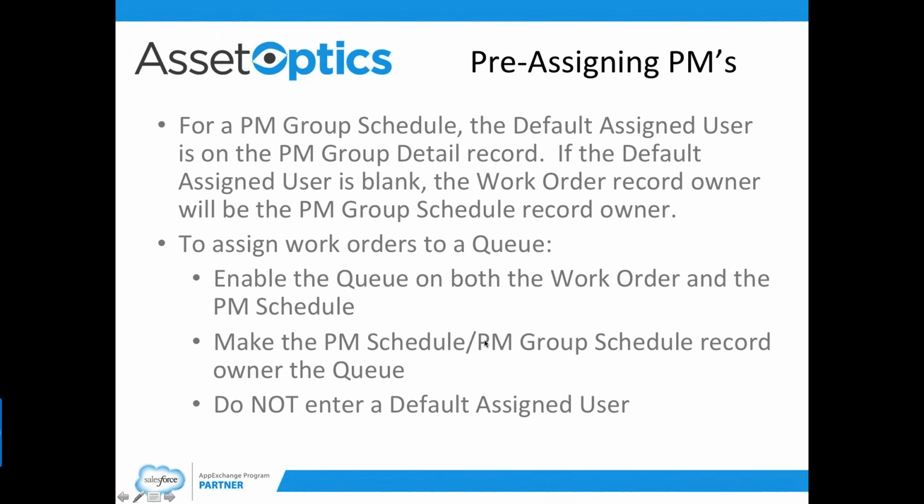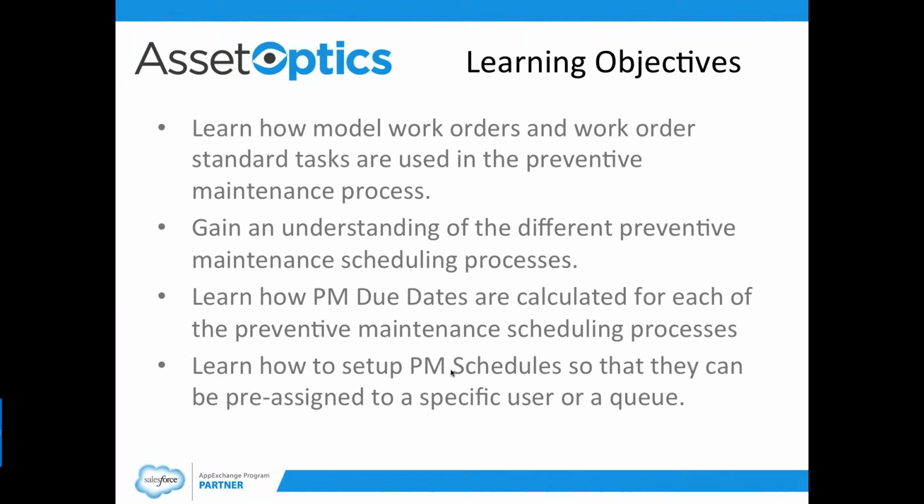Then you make the PM schedule or the PM group schedule record owner equal to the queue, and you do not enter a defined user on that PM schedule or on the PM detail. You don't enter it, and then when the system generates the work orders, the record owner will be equal to the queue, and then people can draw from the queue.